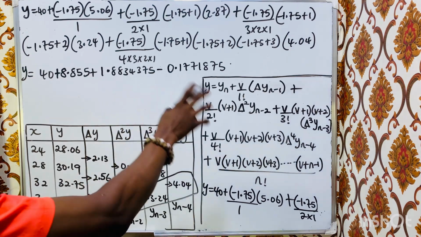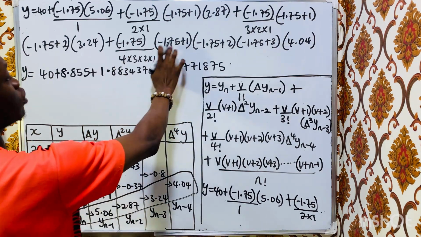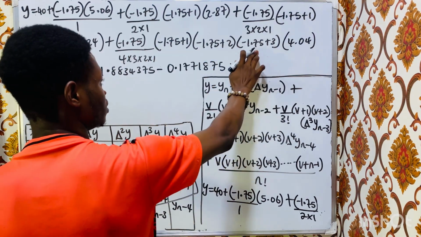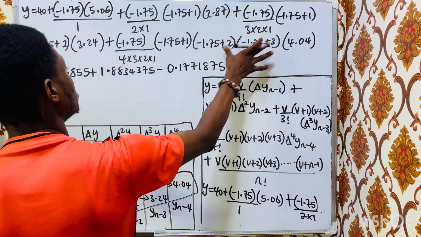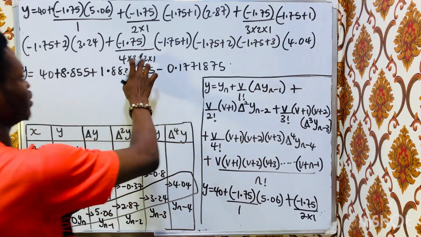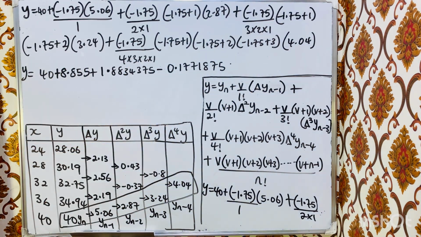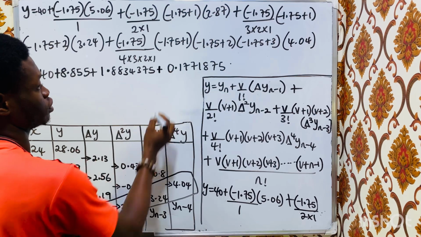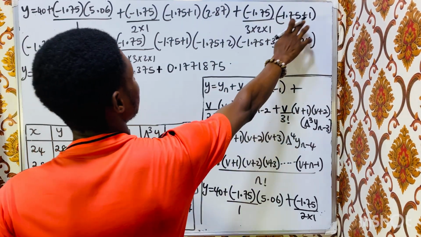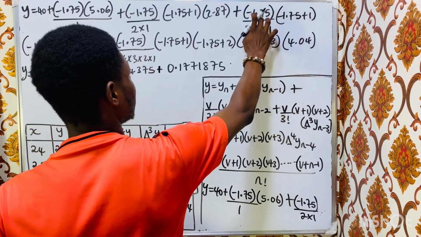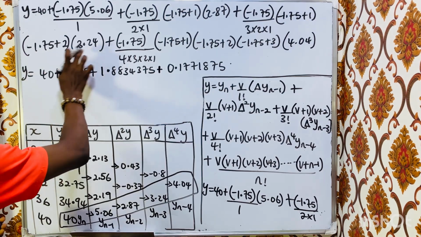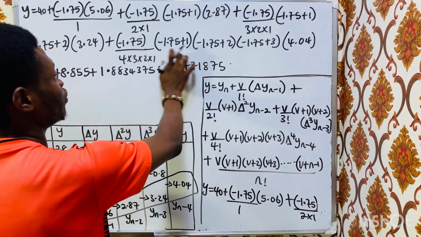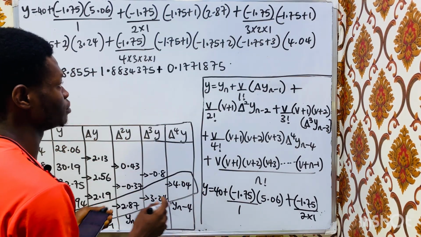Then you do this one plus this one, this one and this one, then multiply it, divide it by 3 times 4 times 2, that's 24, divided by 24. So okay, this place is plus, not minus, because this one and this one will give us negative, so multiply it to get positive.